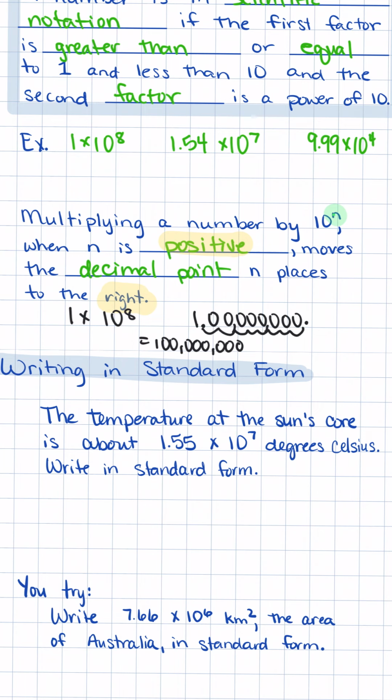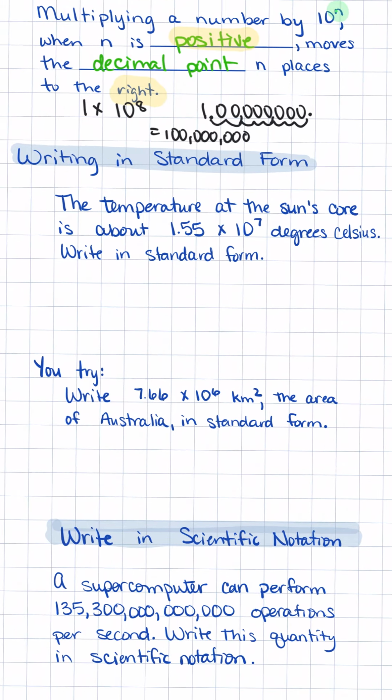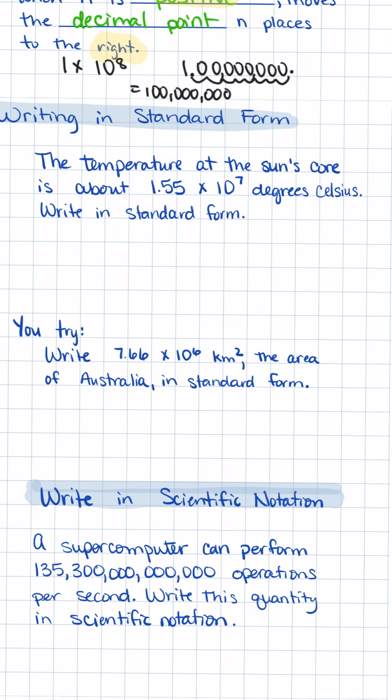Okay, so the temperature at the sun's core is about 1.55 times 10 to the 7th power degrees Celsius. Write that in standard form. So we have 1.55 times 10 to the 7th power, so that means we're going to move the decimal point to the right 7 places. So 1, 2, 3, 4, 5, 6, 7.